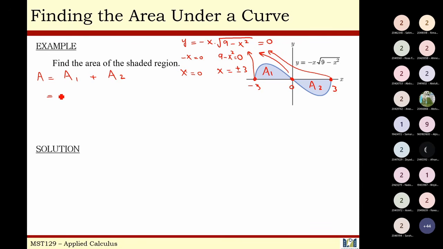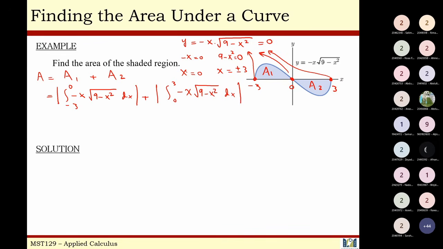Area 1 equals the integral from minus 3 to 0 of negative x radical 9 minus x squared dx, plus area 2 equals the integral from 0 to 3 of negative x radical 9 minus x squared dx.